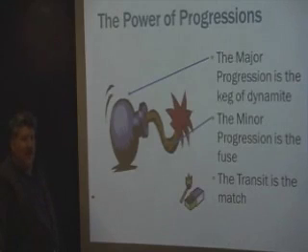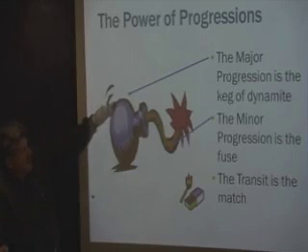Which has more energy tied in with it, the keg of dynamite or the match? And I would disagree, because the match itself will not make the explosion, but the keg of dynamite will. So the match just comes along to set off this bigger thing which is already in place. That's the relationships of major progressions to minors and to transits.